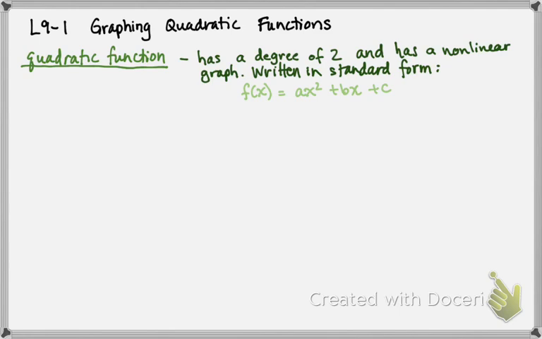Now, one stipulation is that the quadratic coefficient, a, cannot equal 0. You need that quadratic term. If you don't have that quadratic term, then it's not a quadratic function.